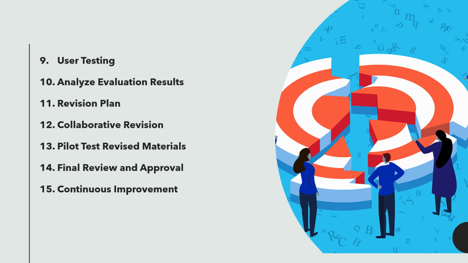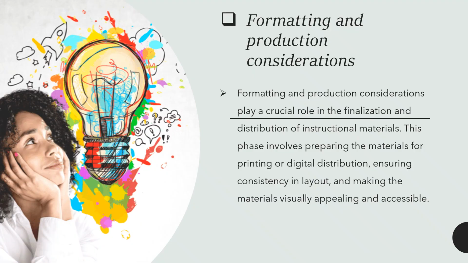Remember that the instructional materials development process is iterative, and feedback and revisions are essential for creating high-quality materials that support effective teaching and learning. And finally, formatting and production considerations.